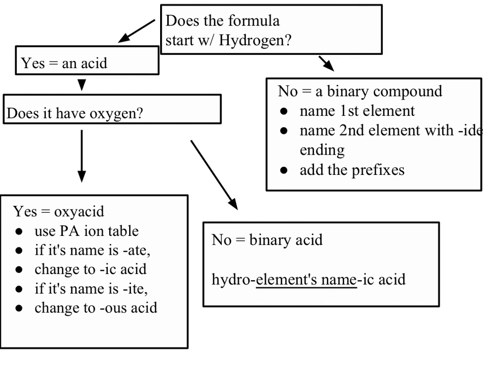If it doesn't have oxygen, it's binary, and you just use hydro with the element's name changed to IC acid, like hydrochloric acid. If it's got oxygen in it, then it's going to have some kind of polyatomic ion in its formula. And you look and see, was it like sulfate and becomes sulfuric acid, or was it sulfite and becomes sulfurous acid?